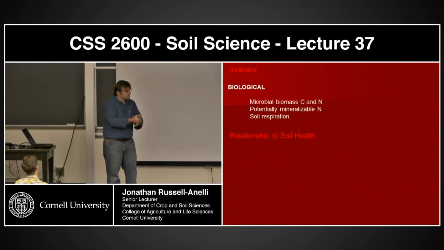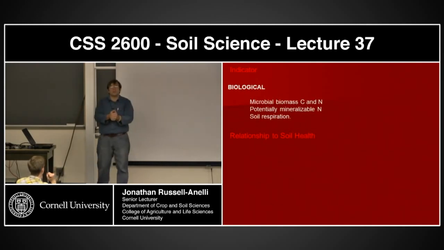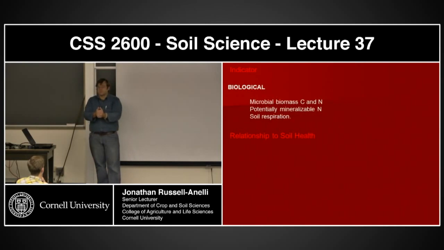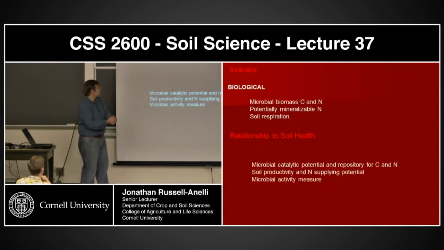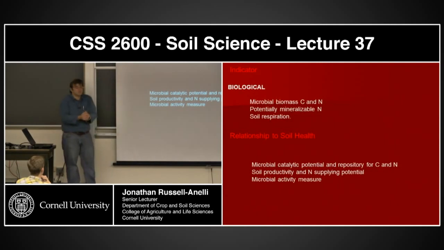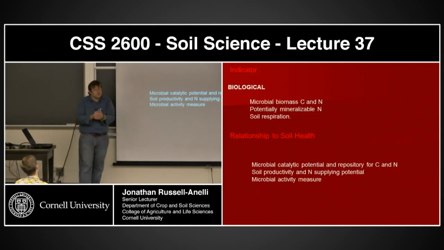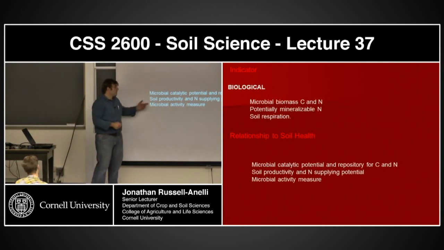What else? pH. I mean, we can measure that one directly. Nutrient availability, decomposition rates, microbial catalytic potential, repository for carbon and nitrogen, soil productivity. What's going on there? Nitrogen supplying potential, and their microbial biomass activity measurements.